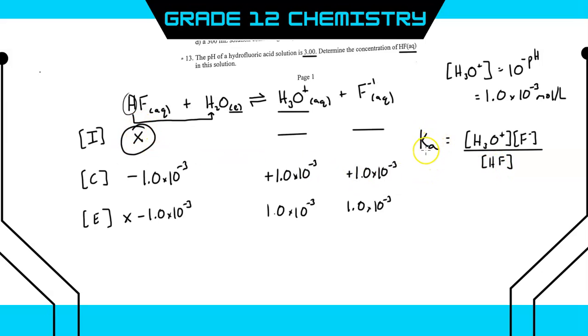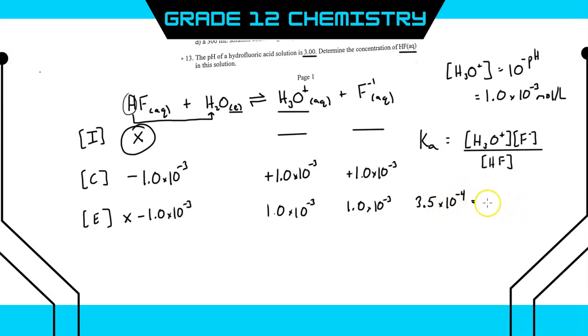So Ka, we can look up on one of our charts, or you can Google what the acid constant is for hydrofluoric acid. It is 3.5 times 10 to the minus 4.